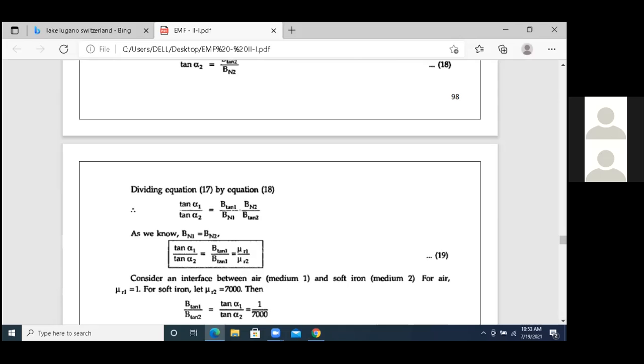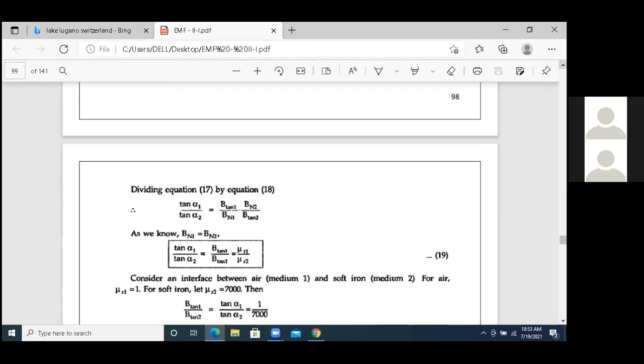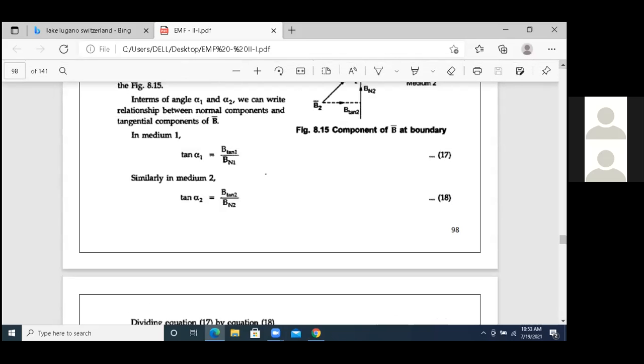So equation 17 divided by 18 would have this.